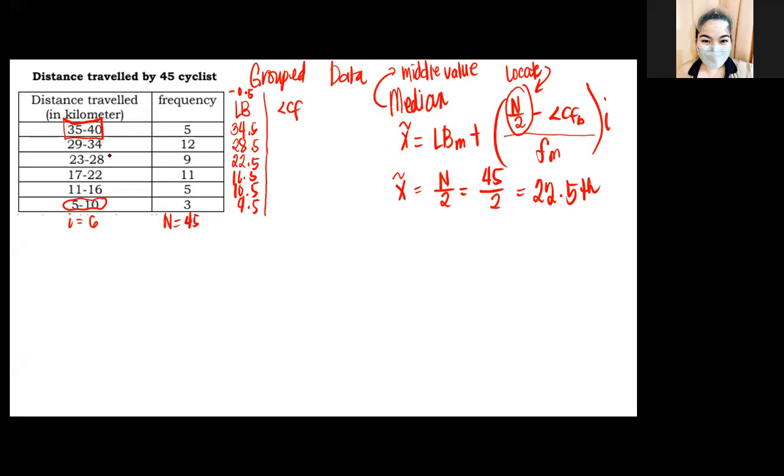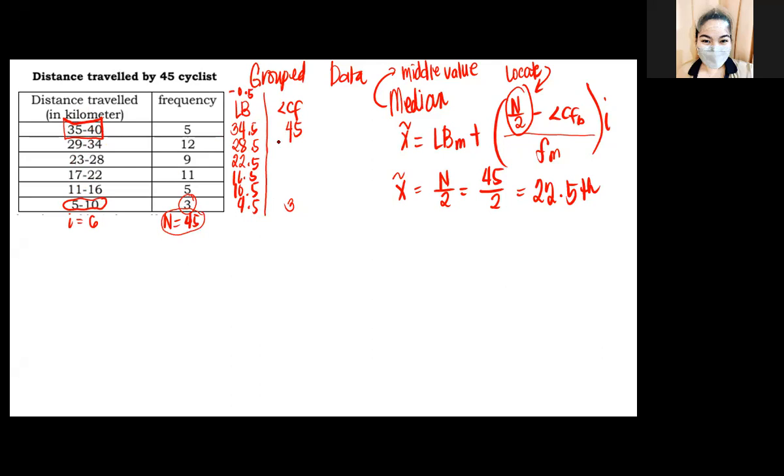Now, bakit ko kailangang ipakita sa inyo kung nasan yung position nila? Kasi po, yung pinakamababang class, yung CF niya ay equal dun sa kung ano yung frequency niya. At yung pinakamataas, yung CF niya ay equal dun sa total frequency natin.